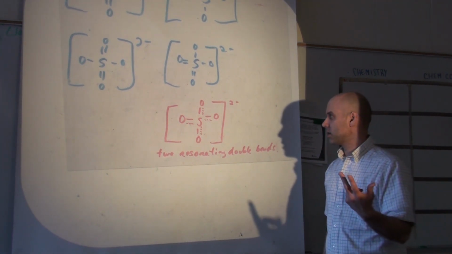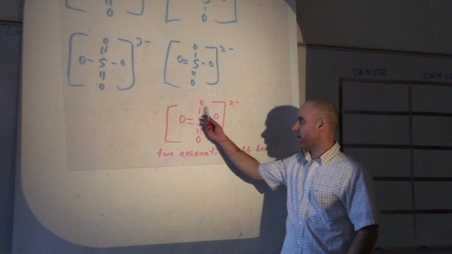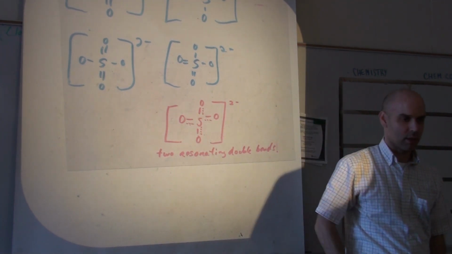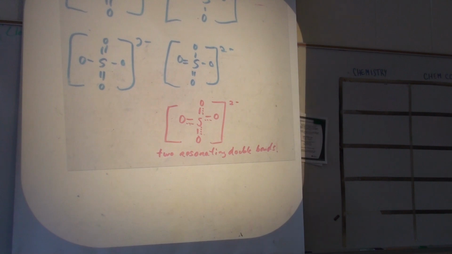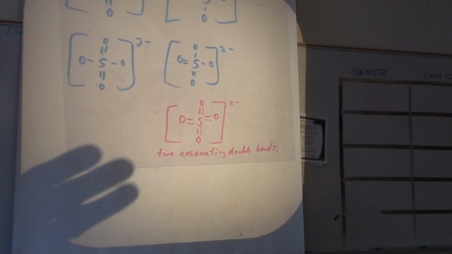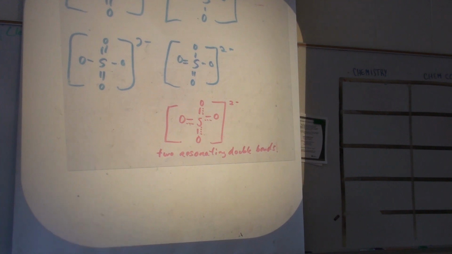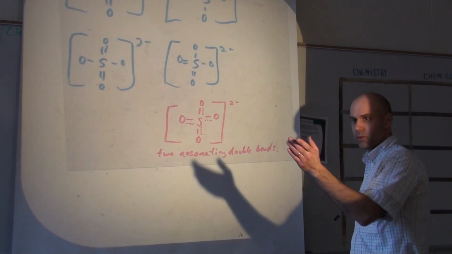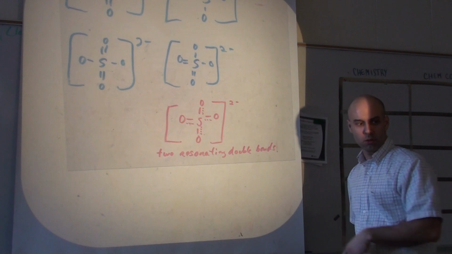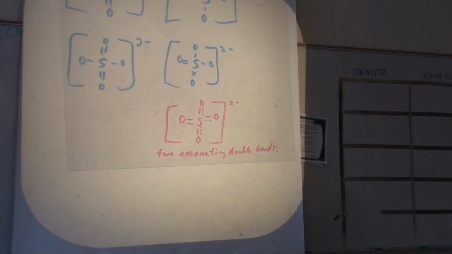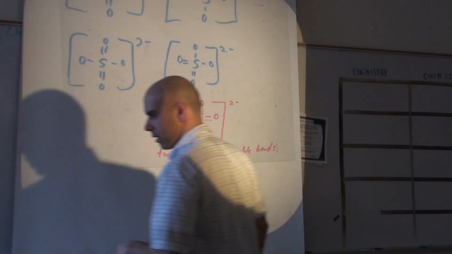But if there are two resonating double bonds, you have to write down that there are two resonating double bonds. Because looking at the picture, there's no way of knowing if there's one double bond that's resonating, or if there are two or three.